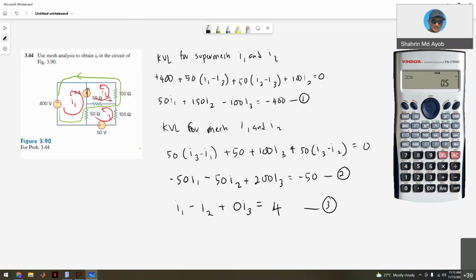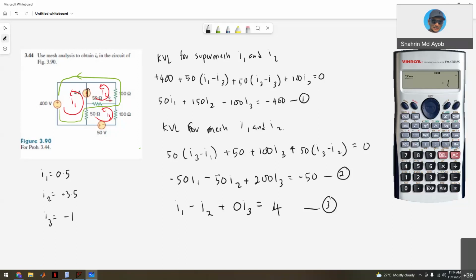So I will get my answer directly. X is your first variable, which is I1, 0.5, and I2 is negative 3.5, and my I3 is negative 1.